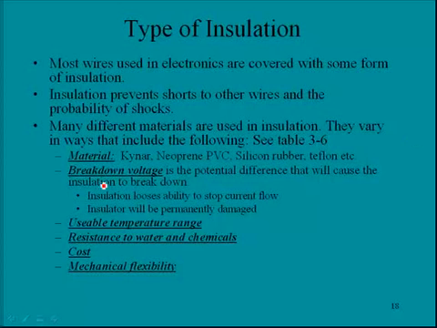The different insulations also will have an associated breakdown voltage. This is the potential difference that will cause the insulation to break down. So obviously, if you're putting in some kind of wire for some purpose, you want to make sure that you are not going to have a voltage that will exceed the breakdown voltage, because if it does, the insulation will lose its ability to stop current flow, so the current will flow through the insulation, and the insulator will be permanently damaged.